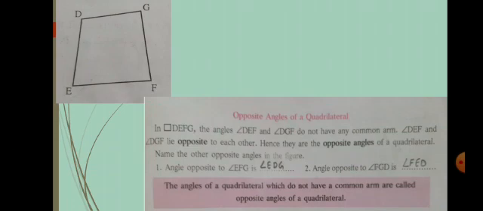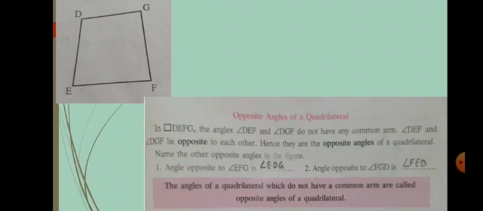Similarly, angle D, that is angle EDG, and angle F, that is angle EFG, are opposite to each other. So here we will be having two pairs of opposite angles. The first pair, angle EFG and angle EDG. Second pair, angle FGD and angle FED.